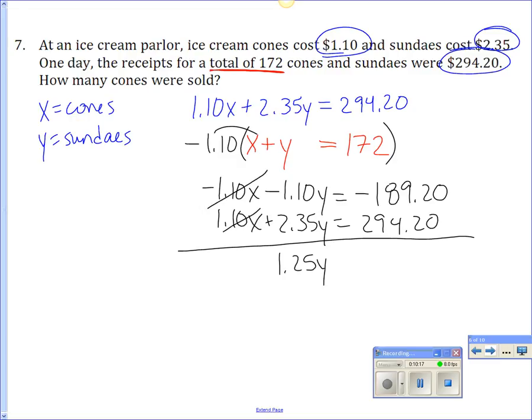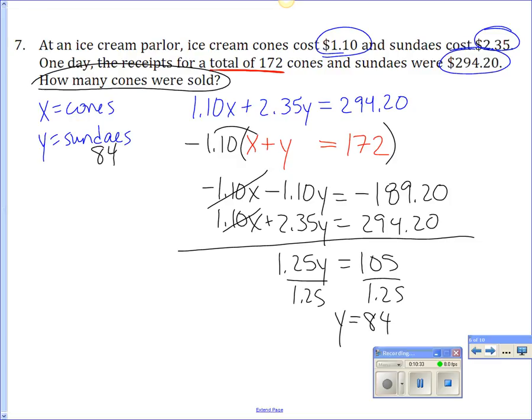You could use your calculator on this one, of course, equals 105. And that actually divides perfectly, and it leaves you with 84 for y. So 84 sundaes were sold. It says how many cones were sold, so I do have to plug it back in. So I'm going to plug it back into this one in red, and you get x equals 88.